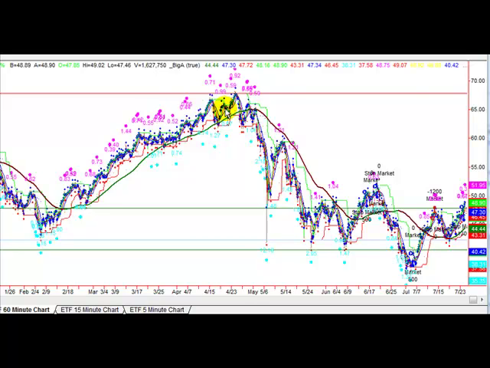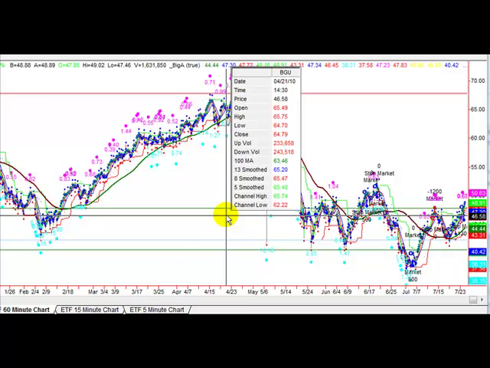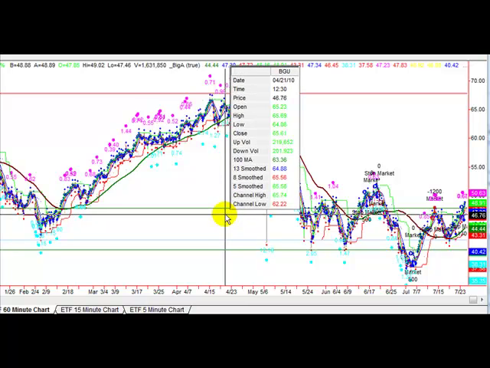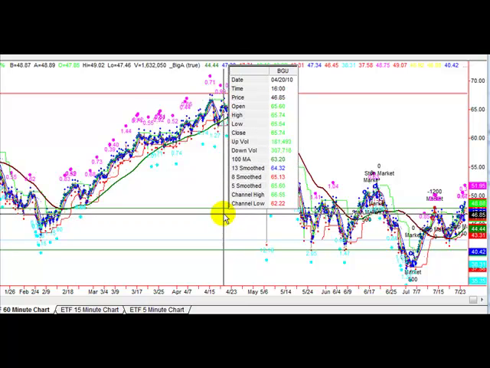We have our BGU buy stop at 48.07. Don't want to confuse you. Our stop is at 46.82, which is about 46.80.